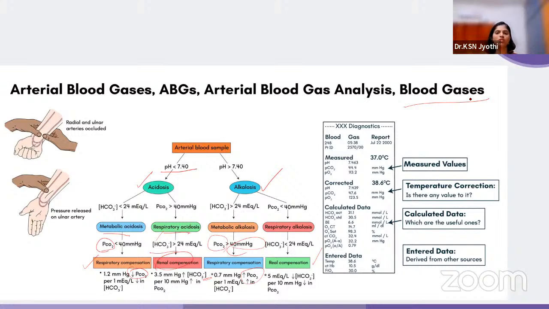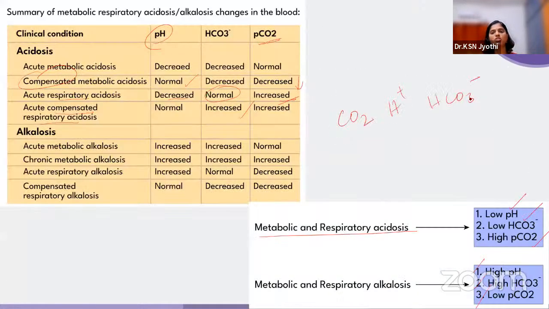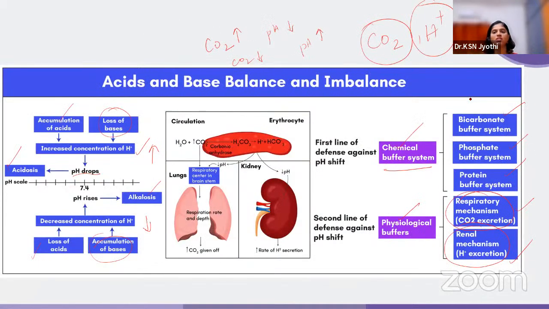so that you're supporting your body metabolism and you're making sure that your lines of defense, like your first line, second line of defense, as we have seen, work. There are certain situations where you will see the body will try to fight. Here you have chemical buffering systems and also physiological buffering systems. Your respiratory systems, renal systems, they will try to make sure that your body's acid-base balance is maintained.